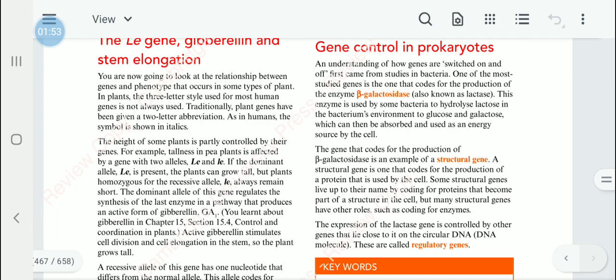but it is going to be short if the plants are homozygous for the recessive alleles. That is, if they contain simple LE, simple LE, then it is going to remain short.